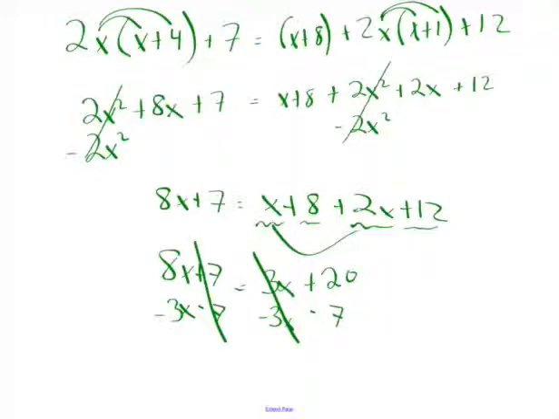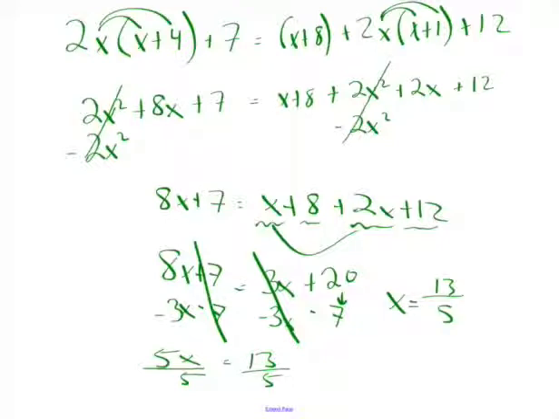And so we finish with 5x is equal to 13. That's 20 minus 7. That's going to give us 5x is equal to 13. Divide by 5. Divide by 5. And so our final answer is x is equal to 13 over 5.